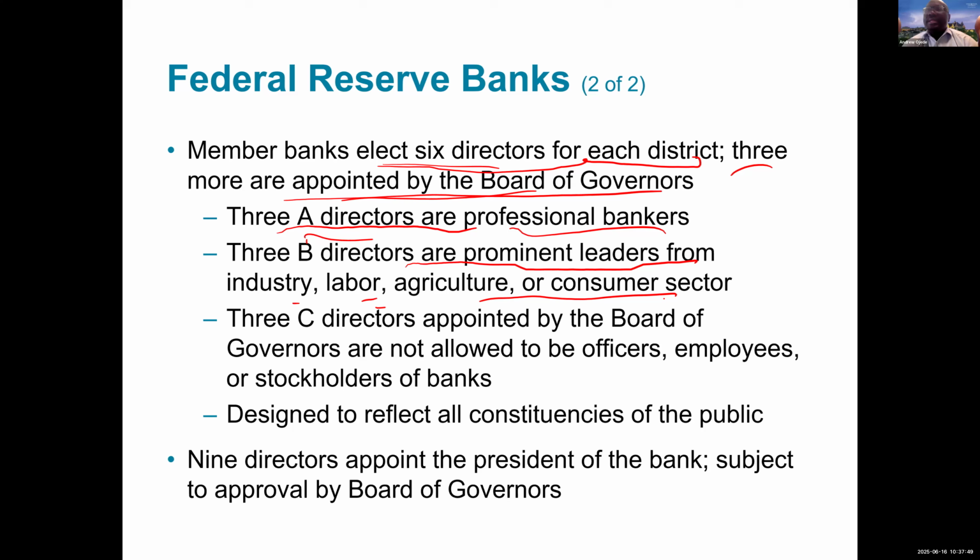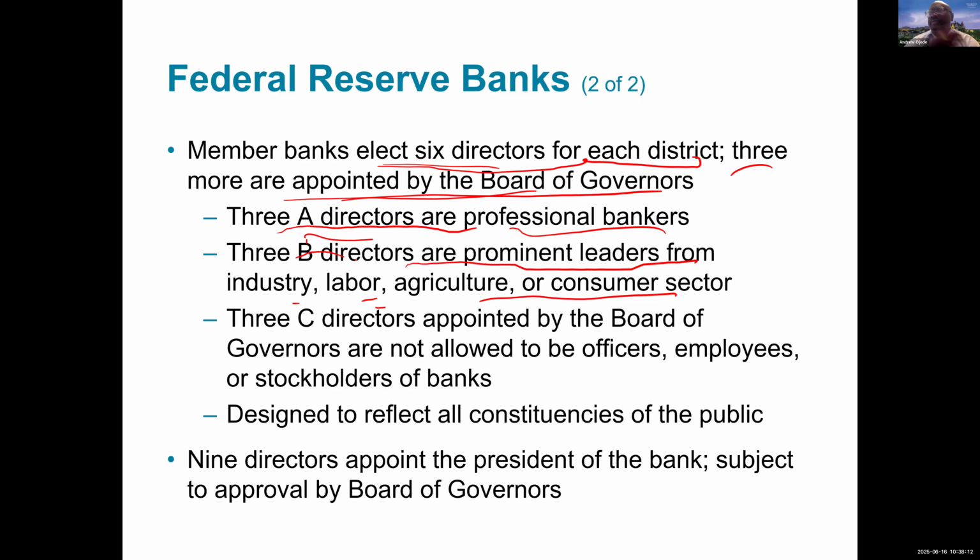Since farming or agriculture is one of the major activities in Kansas, some of these directors should come from the agricultural sector, maybe some influential leaders in the farmers group in Kansas.